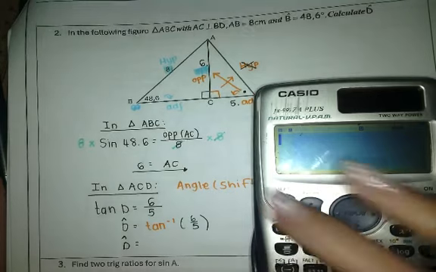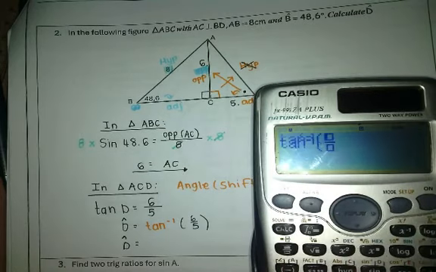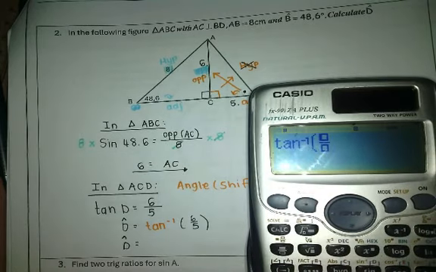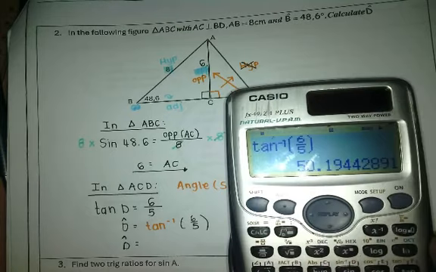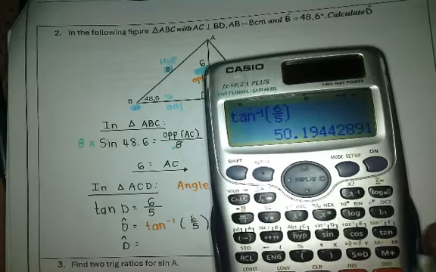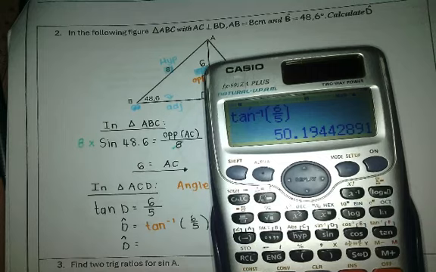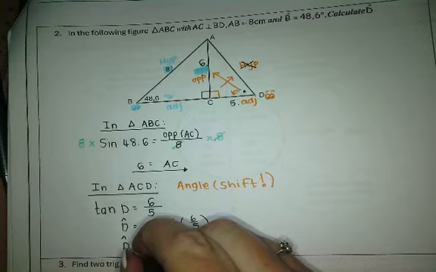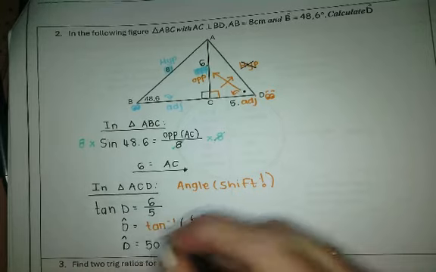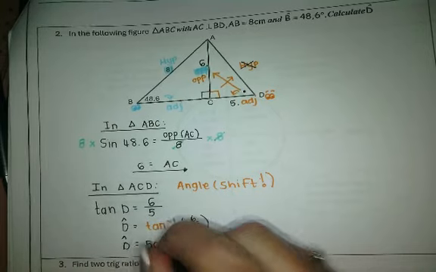Are we okay? So shift tan 6 over 5, and we get 50.19. It stays 19 because the third number within our decimal is smaller than 5. So angle D is going to be 50.19.